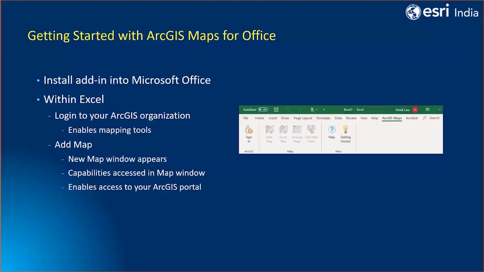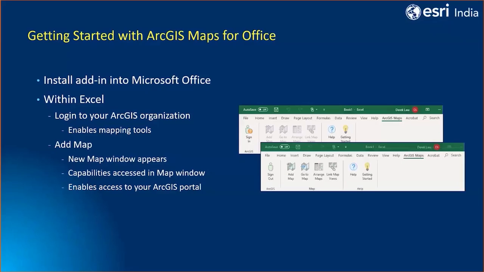And with this, all these capabilities come up. You can add data, and you get all the capabilities accessed in a map window. Then you can also add your organization or portal data, and some of the living content made available by ArcGIS. You can also access that data. Once you sign in, you can get all these features enabled and activated.